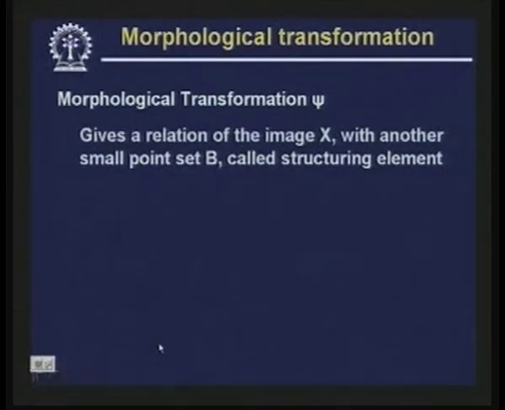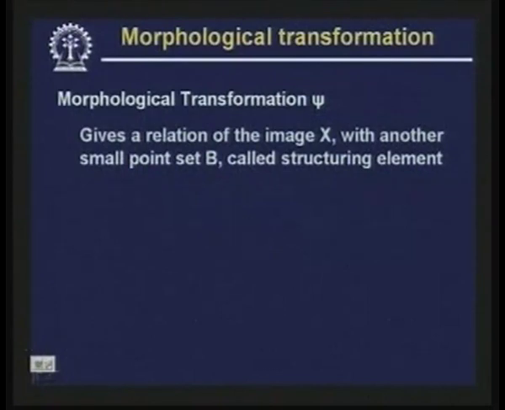So, we say a morphological transformation psi. This morphological transformation psi gives a relation of the image capital X, and as we have just said, this image capital X is nothing but a point set or set of points. It gives a relation of the image X with another small point set or another small image capital B, which is called a structuring element.